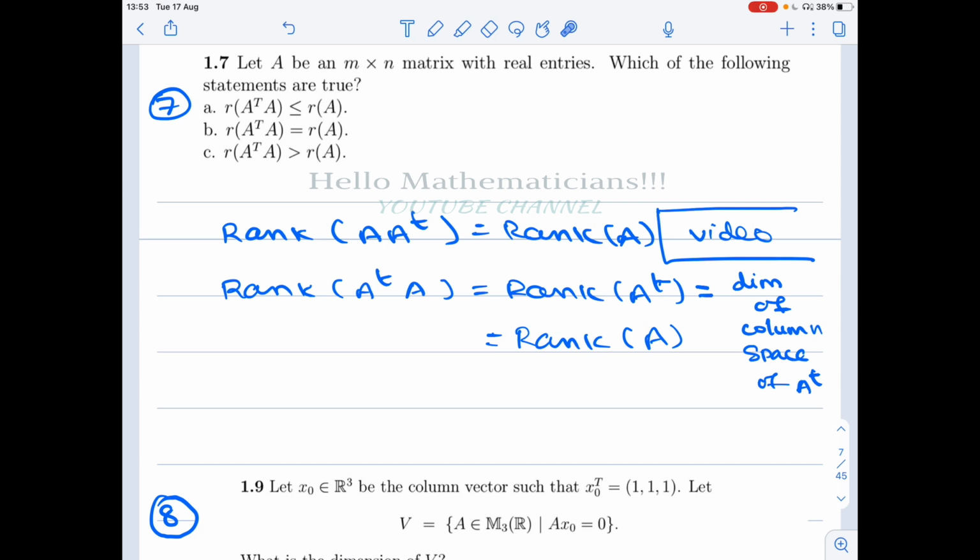Therefore we get rank of A transpose equal to rank of A, because the column space of A transpose equals the row space of A. So we get this result, so option B is true.